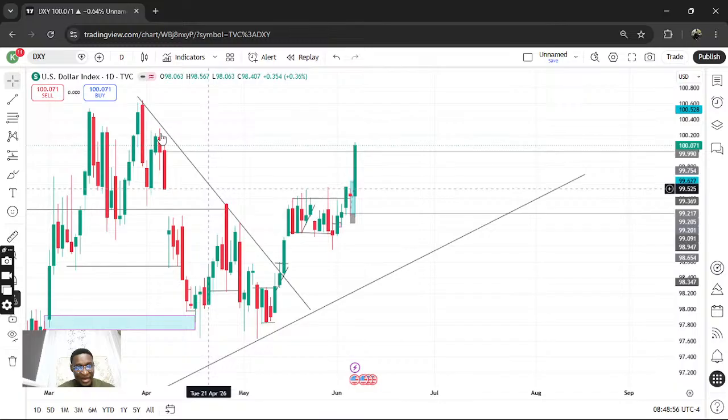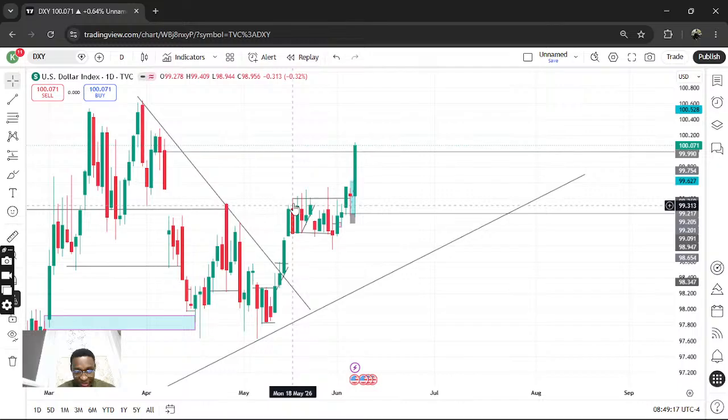Okay, if you look at this point, you can see the rejections that were happening at this particular point. The bodies of all these candles close inside this particular range that you are seeing.